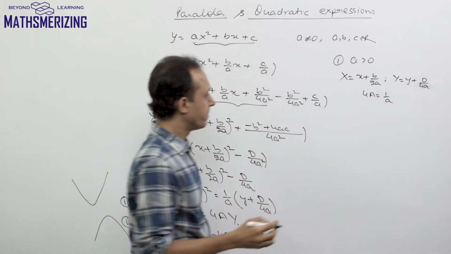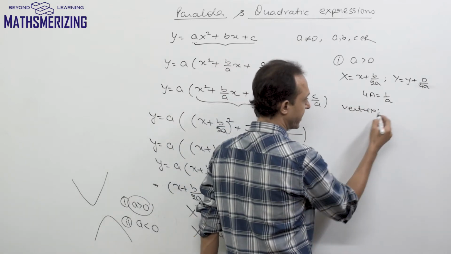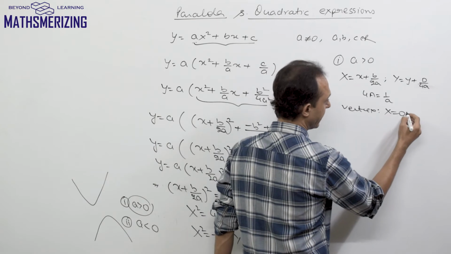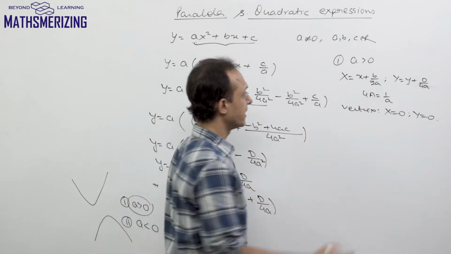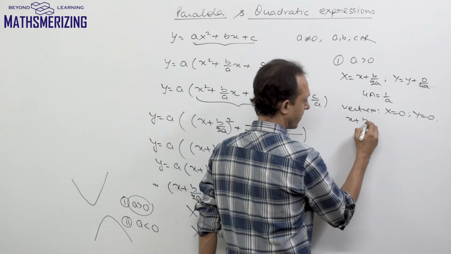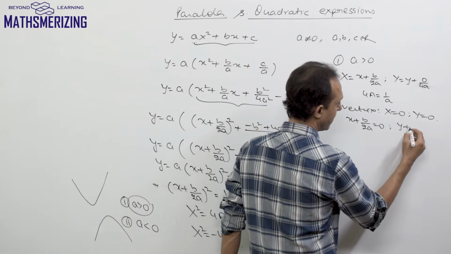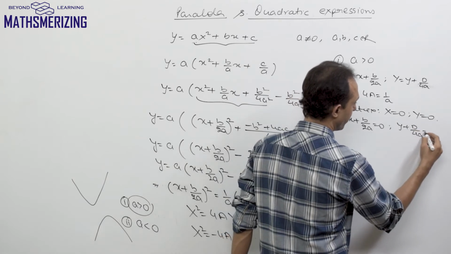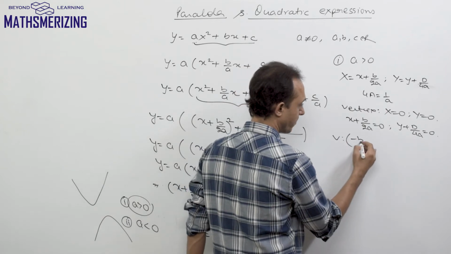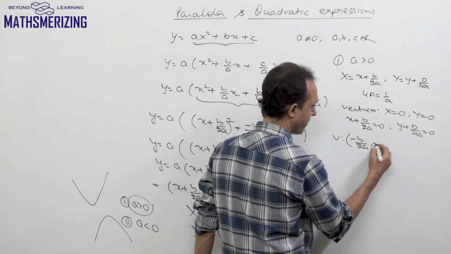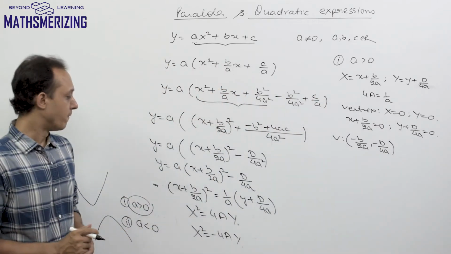Now if I have to write the vertex of this parabola, we know that its vertex will be capital X equal to 0 and capital Y equal to 0. So capital X in this case is x plus b upon 2a and capital Y is y plus D upon 4a equals 0. So its vertex will be at minus b upon 2a and minus D upon 4a.